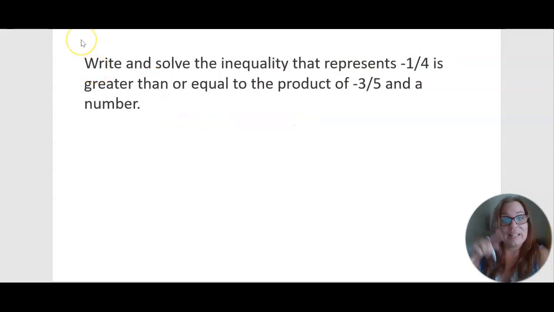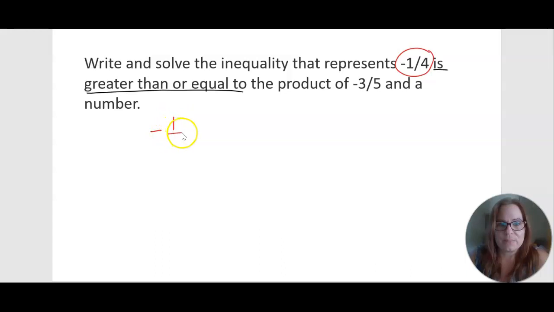All right, now we're going to write and solve this inequality, and we have -1/4 is greater than or equal to, so they actually gave it to us this time. So let's start with that. -1/4 is greater than or equal to, and then we have the product. So product means multiply, right?